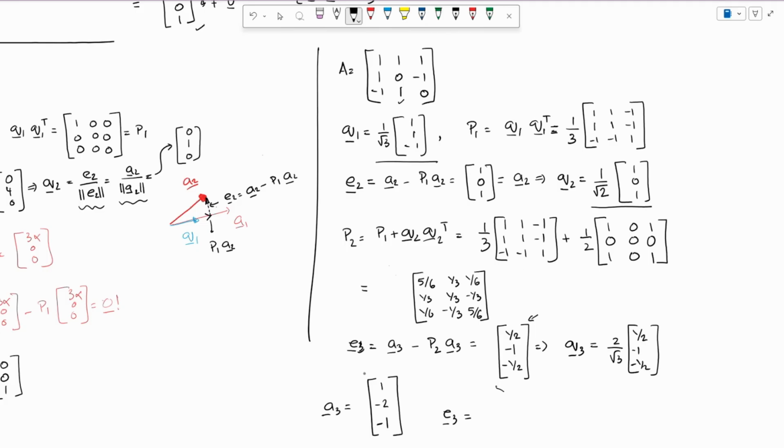Now, what if A3 was like this? What would be E3? Instead of A3 being 1 minus 1 0, what if it was 1 minus 2 minus 1? Okay. Yeah, so E3 will be A3 minus P2 A3. I'm asking for this new A3.